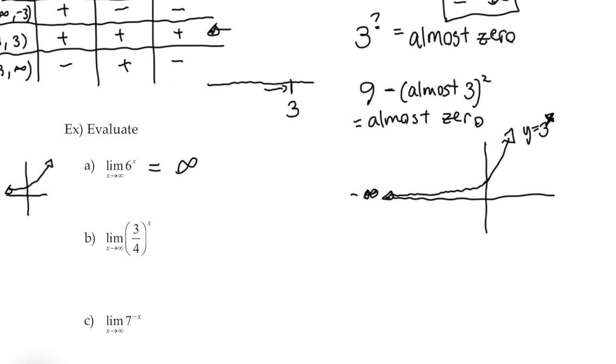Now the limit as x approaches infinity of 3/4 to the power x. The base here is less than 1, so this would look like that. As x gets larger, y gets smaller and starts to hug the x-axis, and the x-axis has a y value of 0. So this limit is 0.